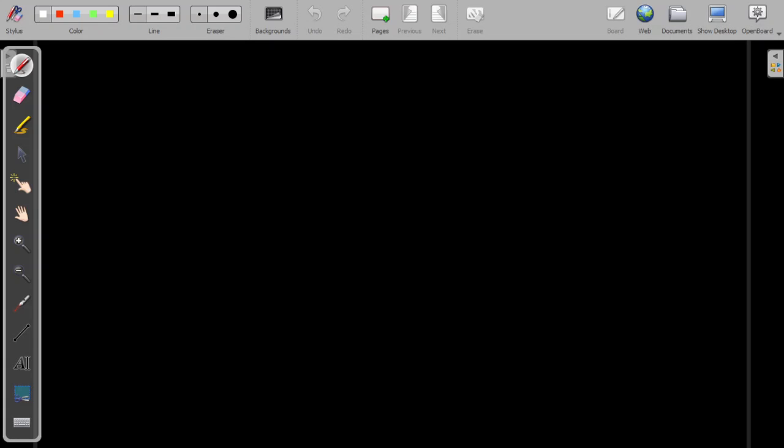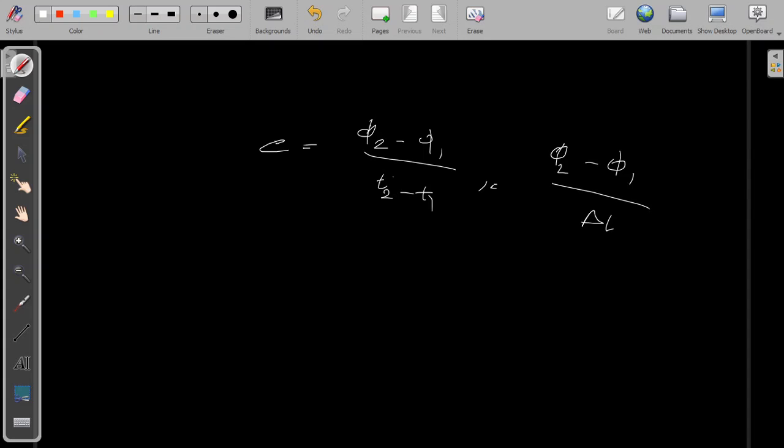It is given by the equation: induced EMF E equals phi2 minus phi1 divided by T2 minus T1, or that's equal to phi2 minus phi1 divided by delta T.